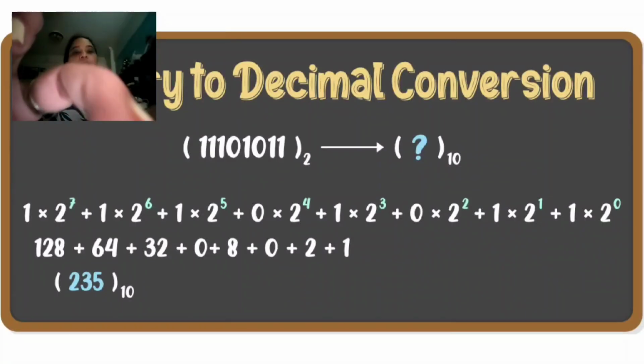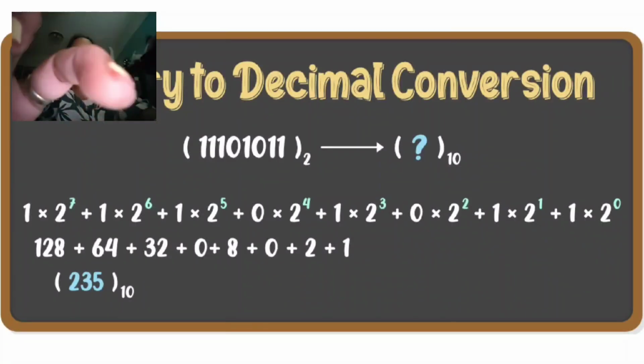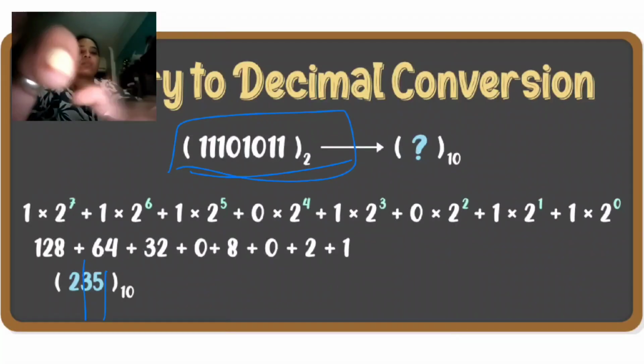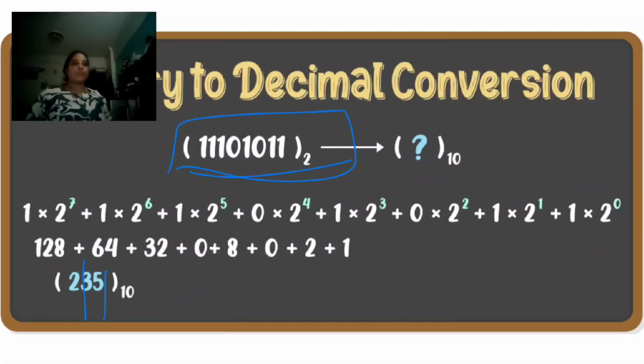You can get that value, 2, 3, 5, so we get that 8 bits. So this is the conversion of decimal to binary.